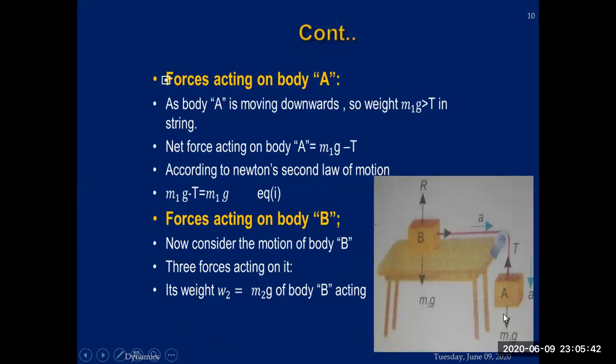We applied Newton's second law of motion on body A and calculated equation A. Then we applied Newton's second law of motion on body B. Here we have already cleared that the weight is equal to the reaction. They cancel each other. There is no motion along the vertical direction. So only tension is responsible to move the body. Tension in the string towards the pulley is responsible to move the body towards the pulley.